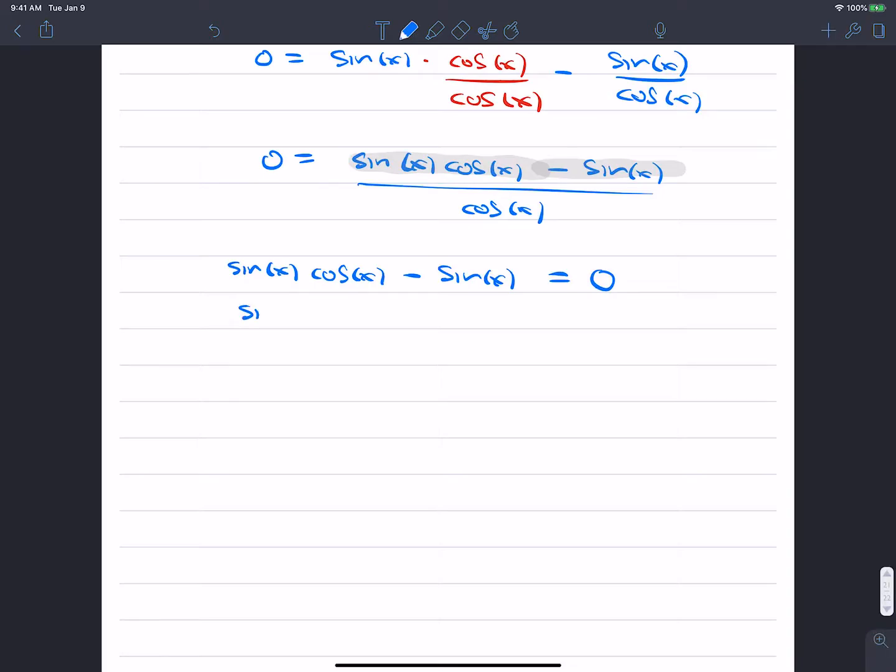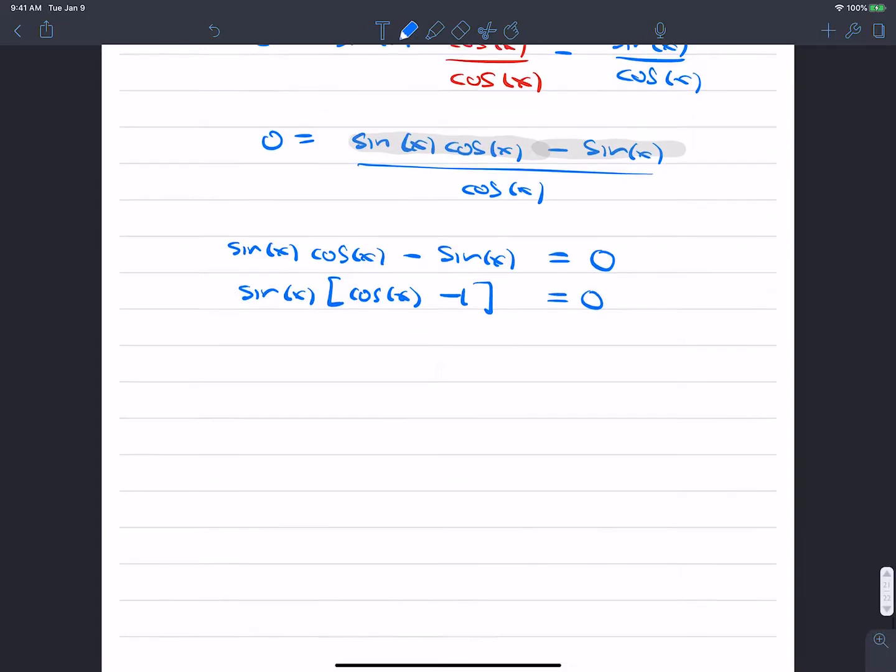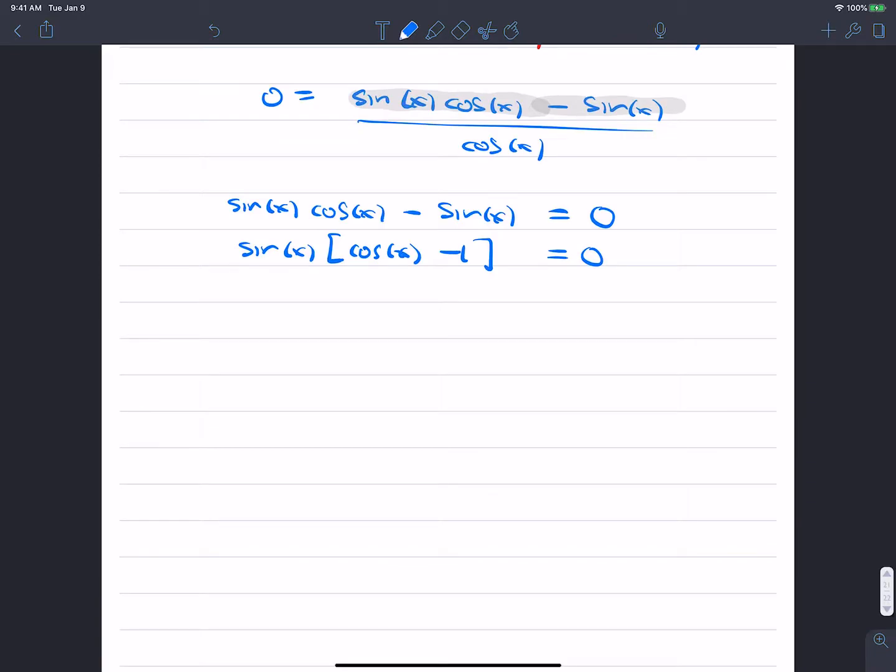Factor out your sine, and you now have cosine x minus 1 here. Okay, and so now we're going to use what's called the zero product rule, meaning I have one term multiplied by another term, and the product is 0. That means, by the zero product rule, either sine x is 0 or cosine x minus 1 is 0.